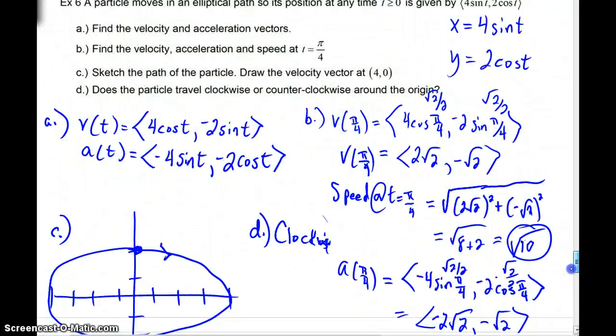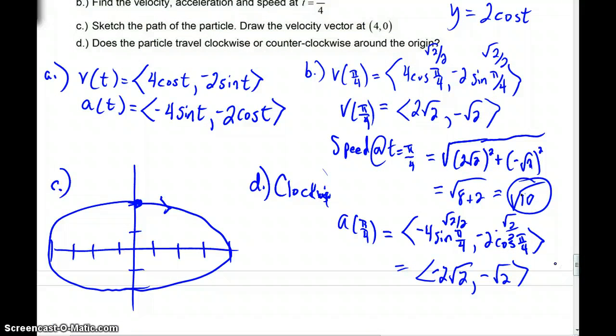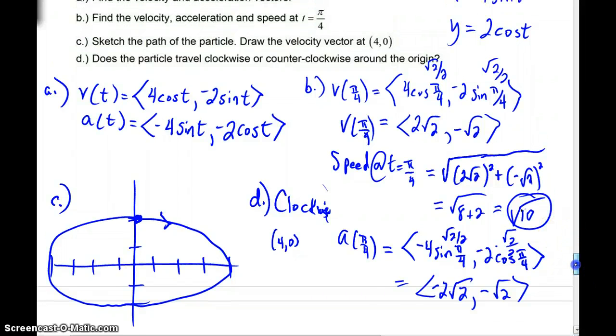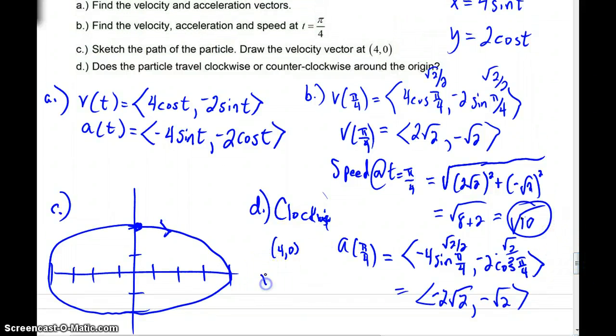They want us to find the velocity vector at 4, 0. At the point 4, 0, we need to remember what x and y were. X was 4 sine of t, and y was 2 cosine of t.